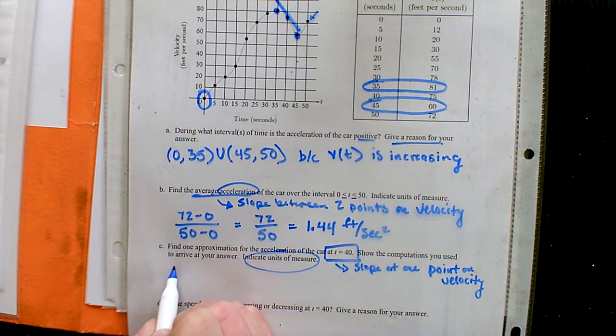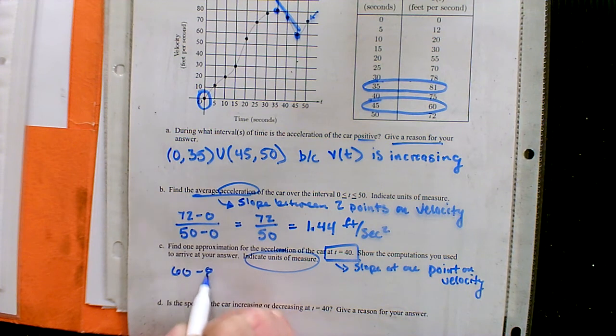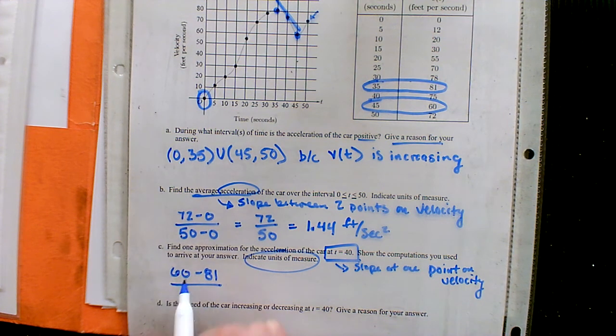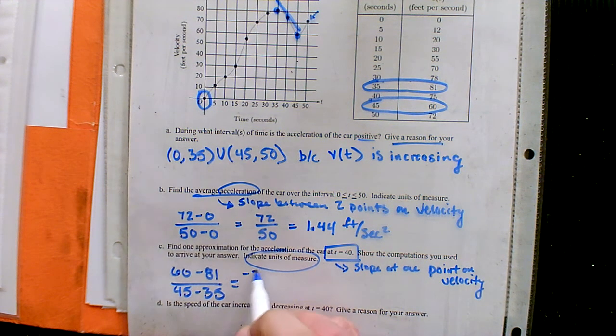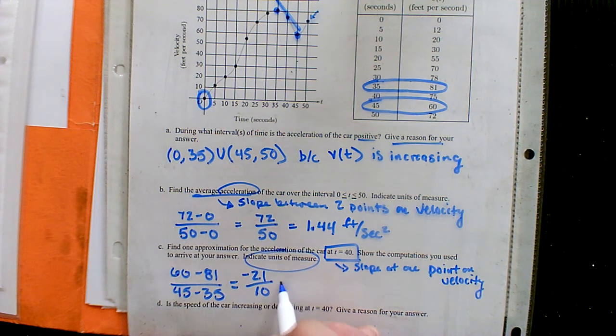So let's do change in y's over change in respective x's. Negative 21 over 10.